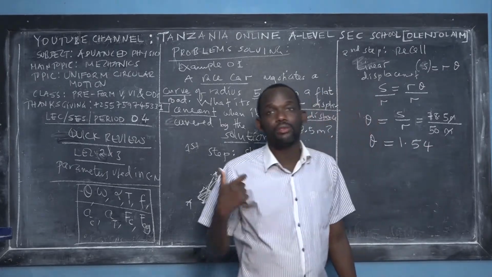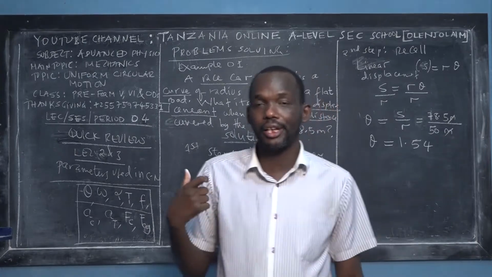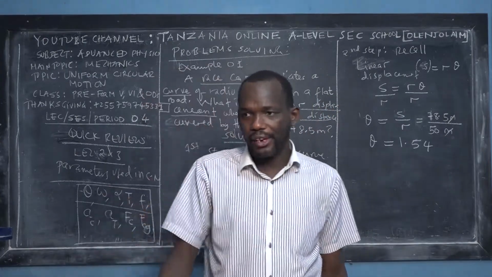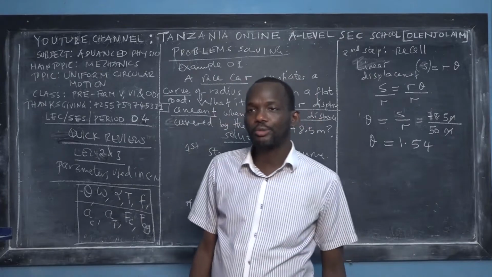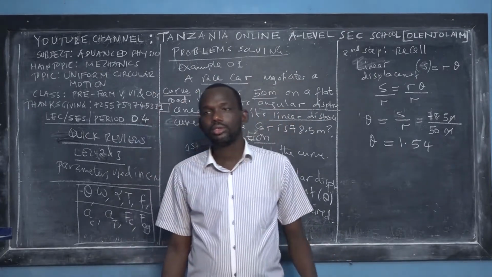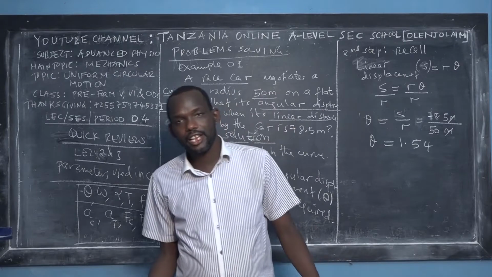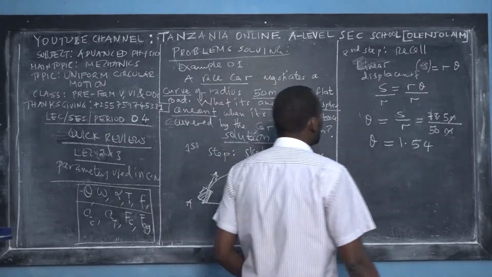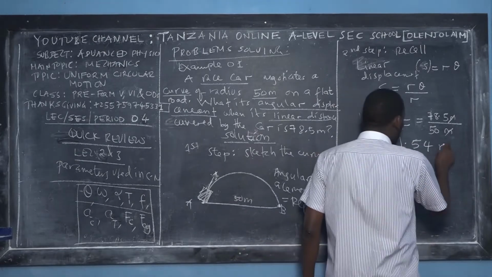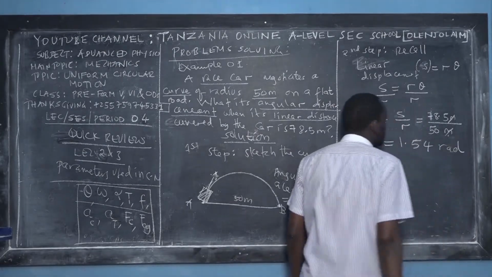Now, if you do remember, I told you how many units can be used to notate the angular displacement. You have 2 units, either radians or degrees. For this case, because meter and meter cancel, the unit is radians, not degrees.